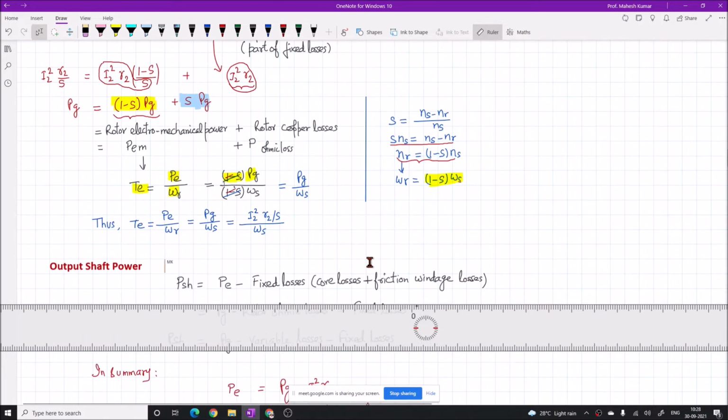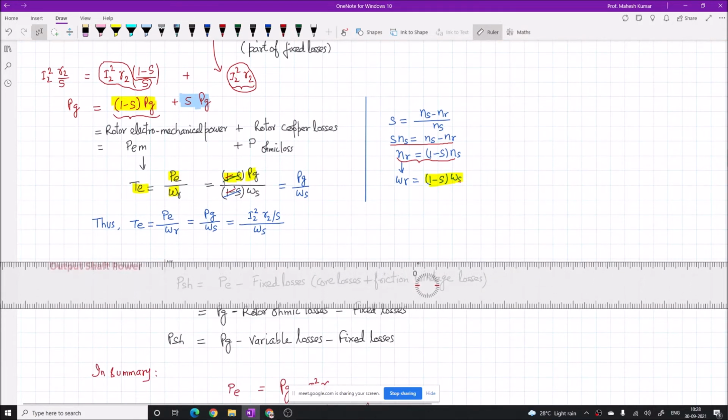Therefore we can write the electromagnetic torque as PE by omega r equals PG by omega S equals I2 square R2 by S divided by omega S. All these are equivalent terms.